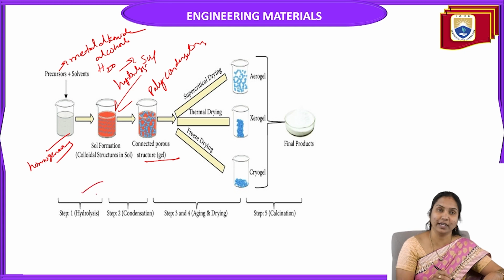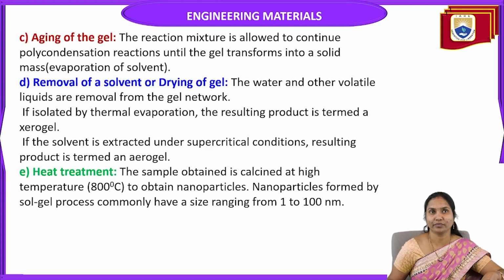So the first step is hydrolysis. When we are adding the precursor and solvent, it forms salt. This is via hydrolysis. Step 2 is the condensation, that means salt converted to gel. And the third step is aging and drying. So what is aging?